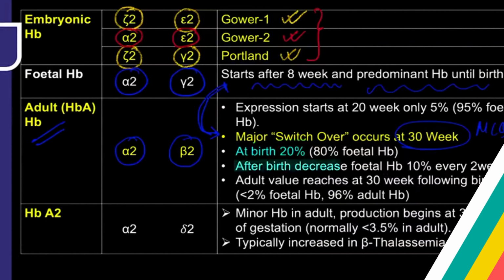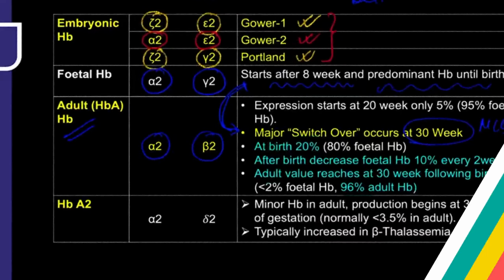After birth, fetal hemoglobin decreases 10% for every 2 weeks, and the fully adult percentage of hemoglobin will be reached at 30 weeks following birth. So when the baby reaches 30 weeks, mainly adult hemoglobin is present in the blood, about 96%. In these cases, fetal hemoglobin is less than 2%. So this is all about adult hemoglobin.